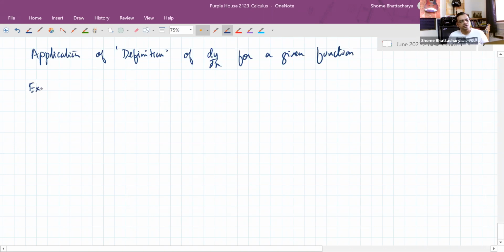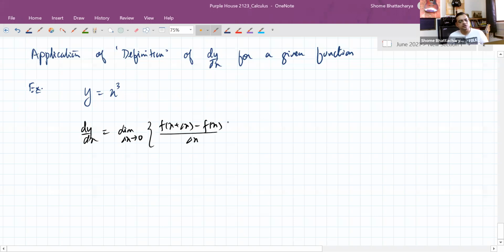So for example, let me take the function this time of y is equal to x cube. And let's see what the definition of dy by dx gives me. Okay. So dy by dx was defined as limit delta x tending to 0, f of x plus delta x minus f of x divided by delta x. This is how we had defined it.